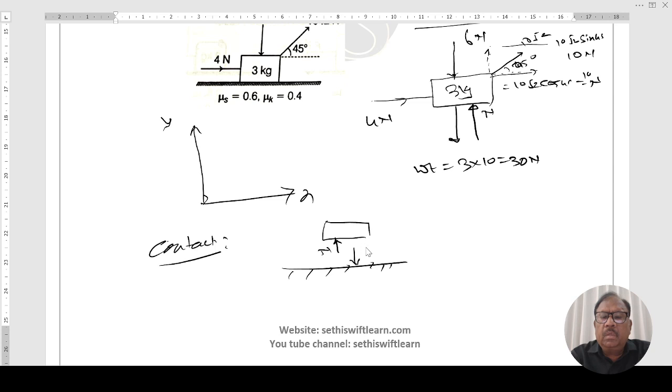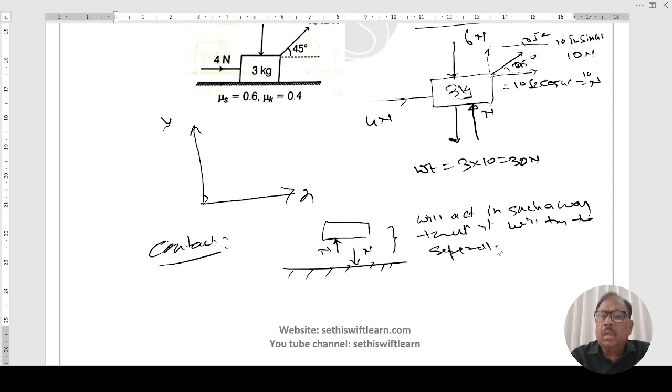This is normal, and it will act in such a way that it will try to separate the bodies and not to stick together.